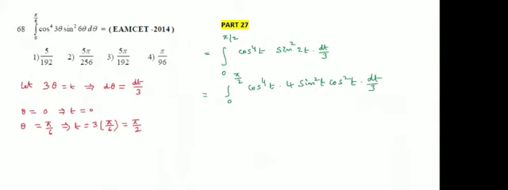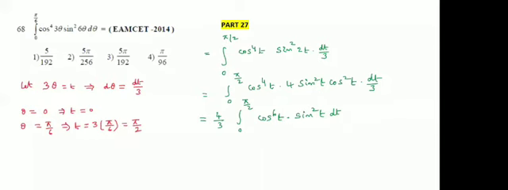Here 4 by 3 is a constant, take it outside. Remaining, 0 to pi by 2 cos power 4t into cos square t, that is cos power 6t into sine square t dt. Here the powers both are even.